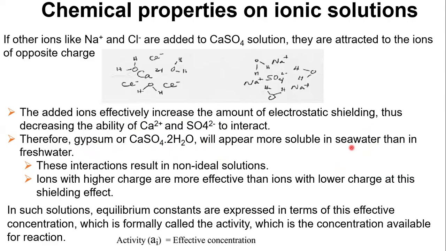Now we are seeing that in such solutions, the equilibrium constants are expressed in terms of an effective concentration, which is normally called the activity, which is the concentration available for reaction. Activity is equal to effective concentration. This is the right point for you to note that in any real life scenario, if you are given the concentration and you are given the activity, you have to use the activity.